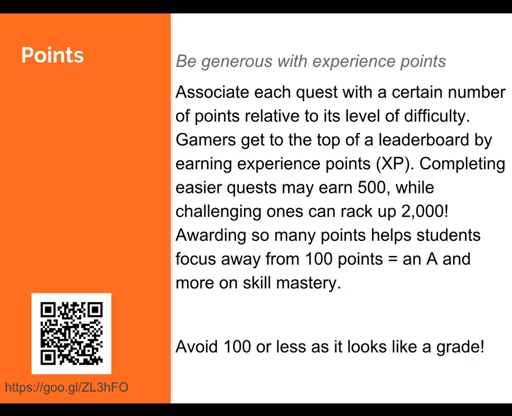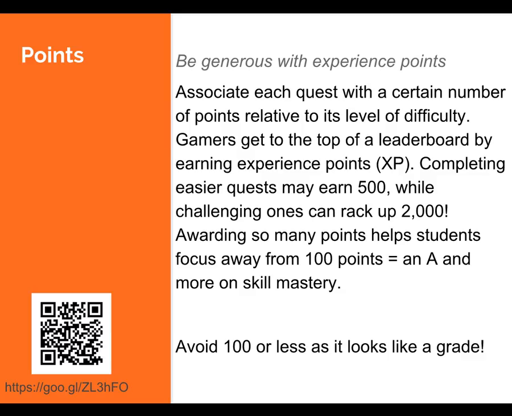As far as points, I already said this. They said the biggest thing is to be extremely generous with the point structure. If everything's worth 100 points, then it looks just like it did before. They know that 93 points is an A and 75 points is a C, and they don't look at it like they're doing something different.